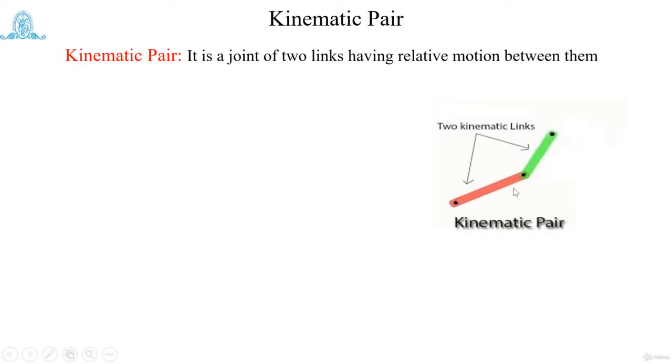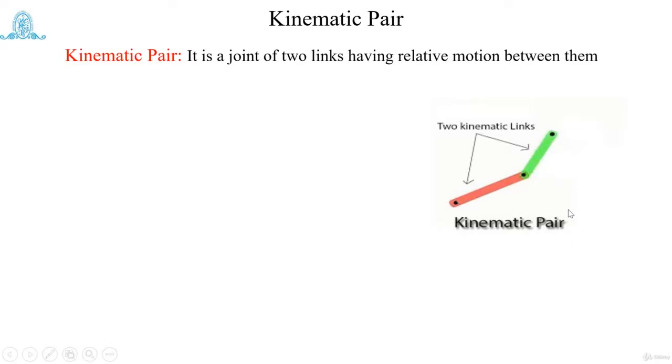In this figure, you can see this is one link, shown in red color, and this is another link. Okay, they are coupled or joined together with the help of a pin joint over here. And if you move link number one, then relatively the second link should move, so they are called a kinematic pair.